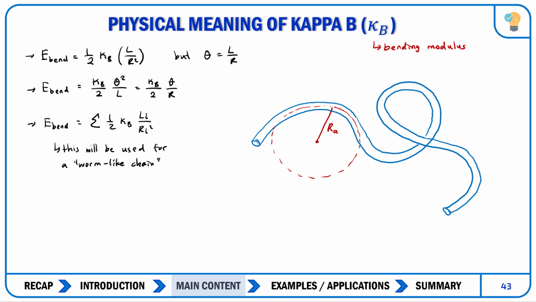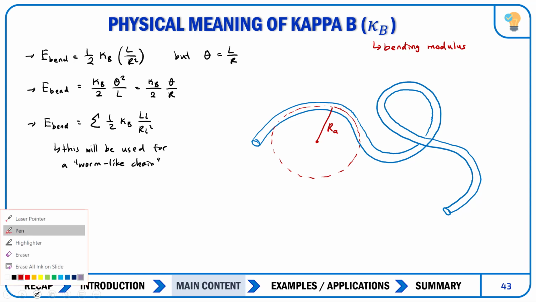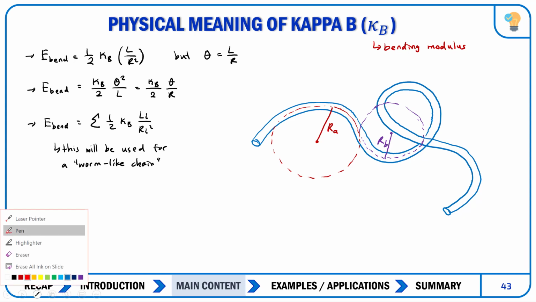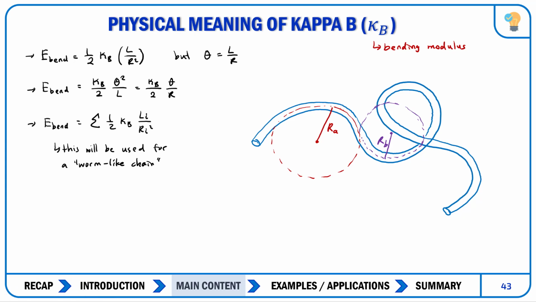Here's another arc. I can represent that using another sphere. This will be RB. Let's use green.